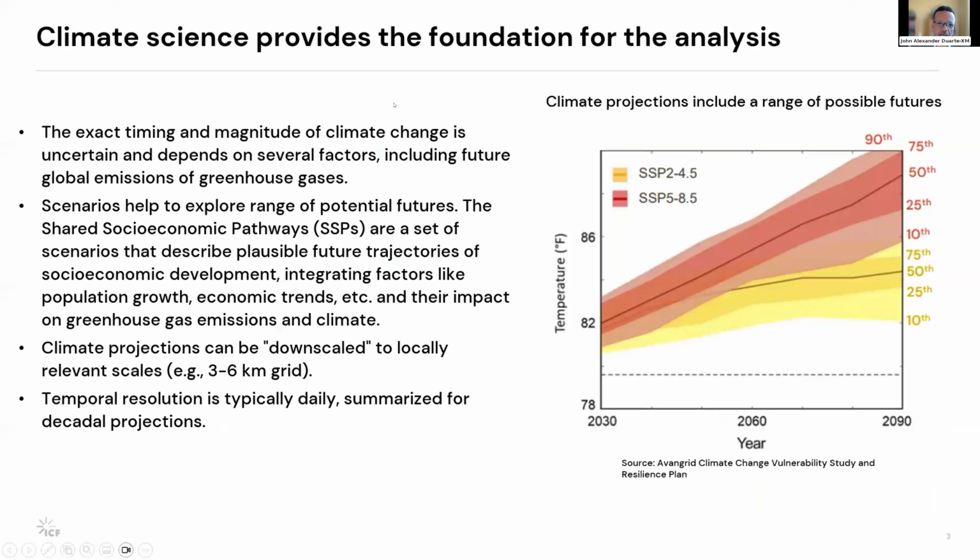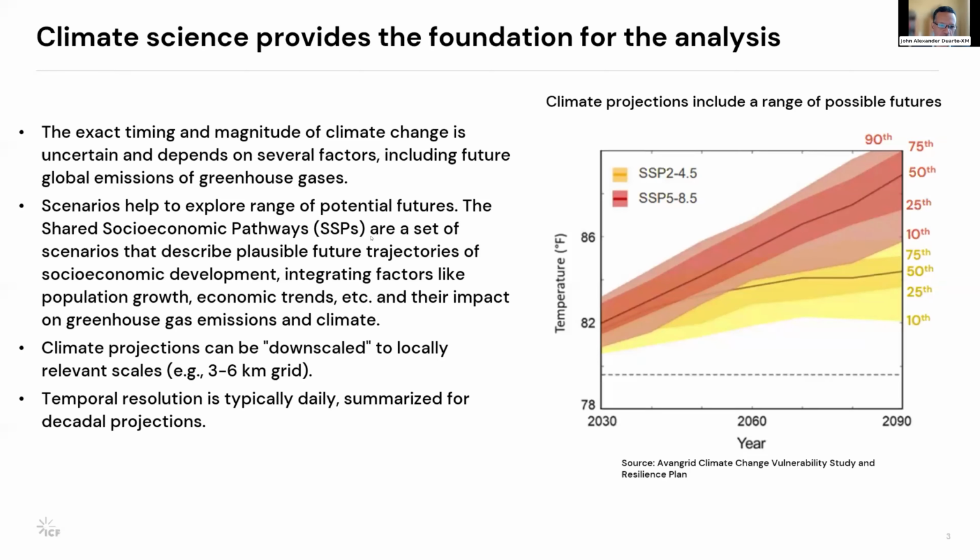Climate science provides the foundation for the analysis. There are two or three points here that I really would like you to take away. One is no one knows the future, right? It's dependent on a number of different things. So there is uncertainty. That uncertainty is captured in scenarios. And so you see the spread here on the slide on the right.